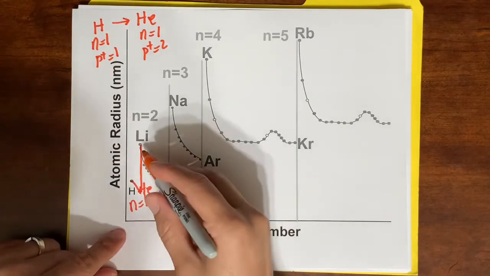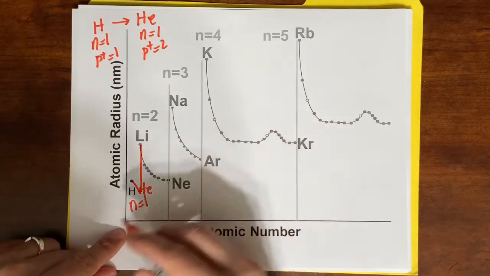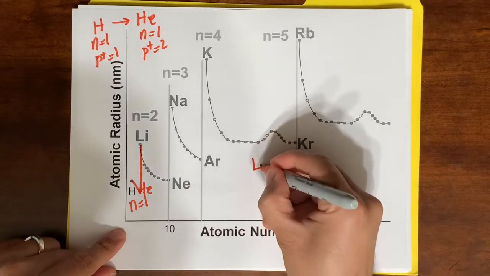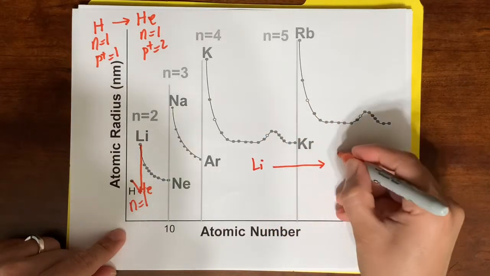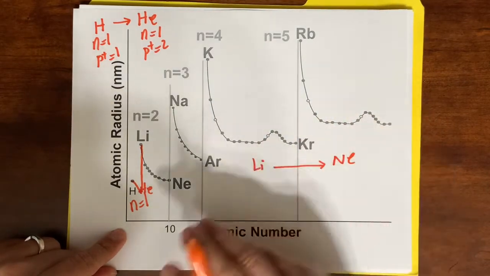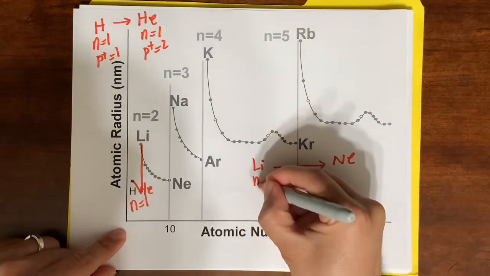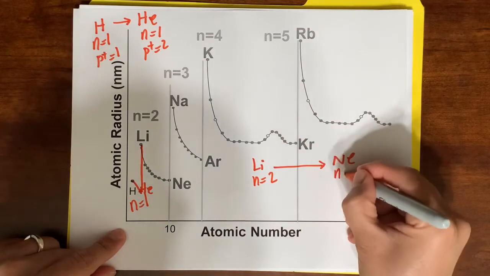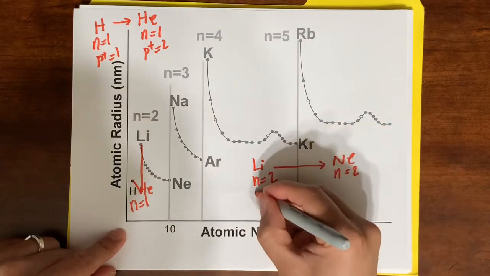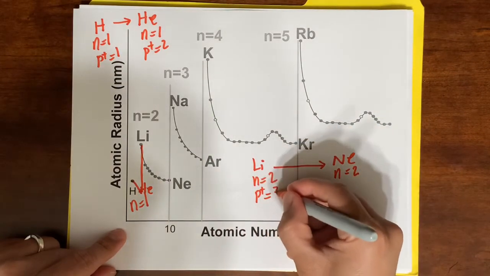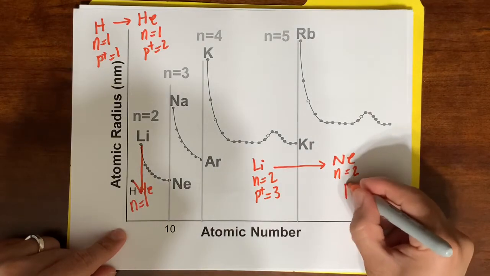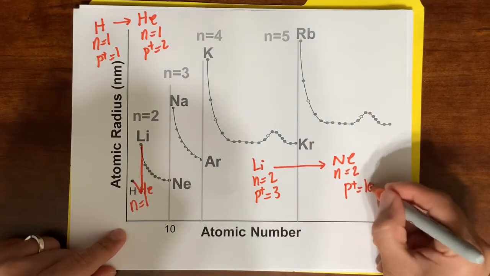And then from lithium to neon. We are moving to the right side of the periodic table. N equal 2, n equal 2. Number of protons equal to 3. Number of protons equal to 10.